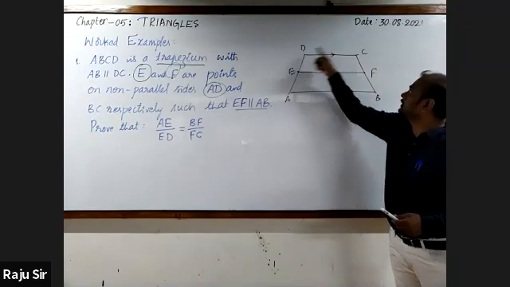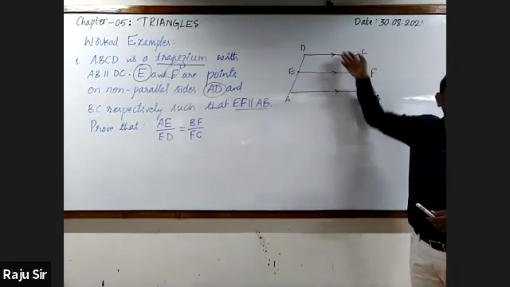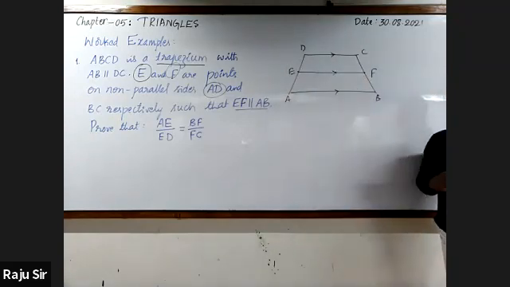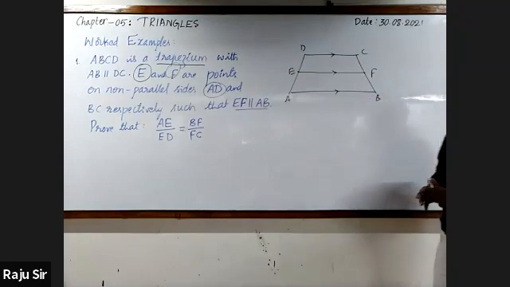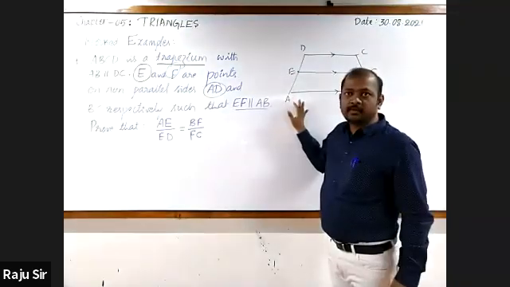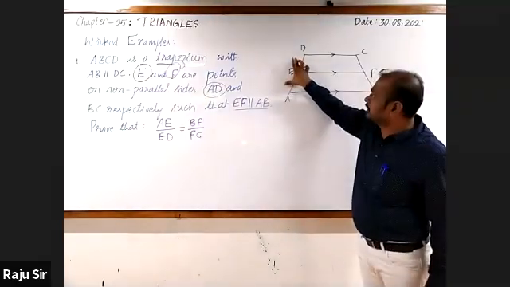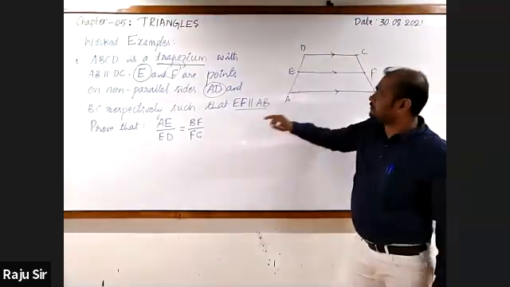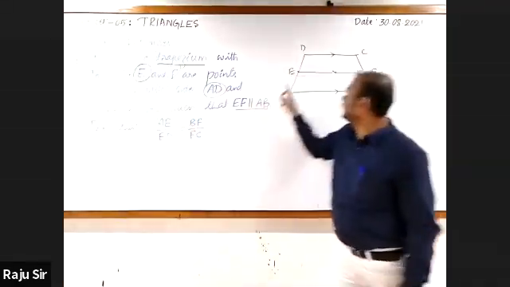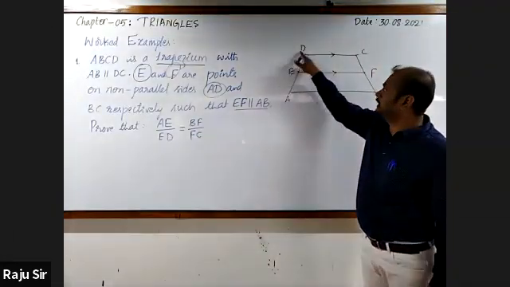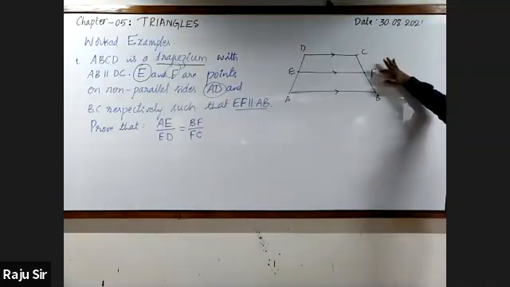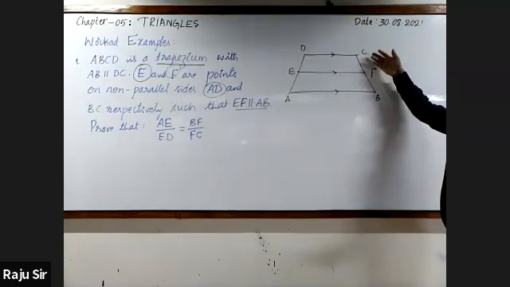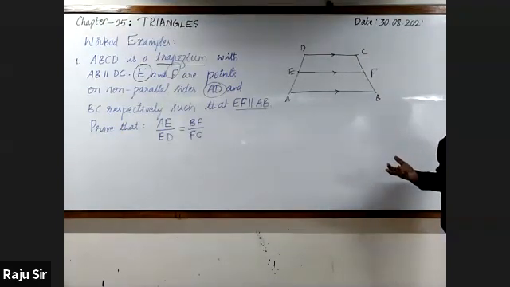Then we can write DC parallel to EF. Hence, all three are parallel to one another. Now, with this information, we have to prove that the ratio AE by ED is equal to BF by FC. Even this can also be given in reverse order.